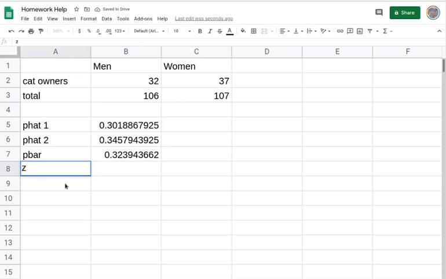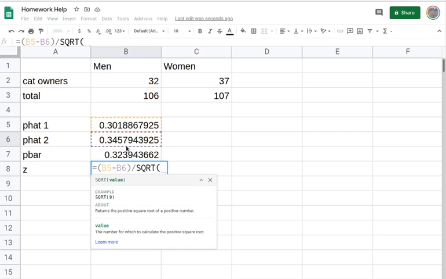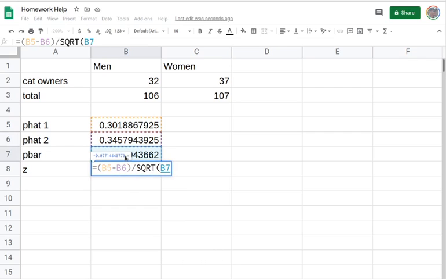All right, now I can calculate my test statistic, and I do that by, in parentheses, taking p hat 1 minus p hat 2 divided by the square root function. And now this is p bar, and I can multiply that by q bar, but I don't have to actually calculate q bar.